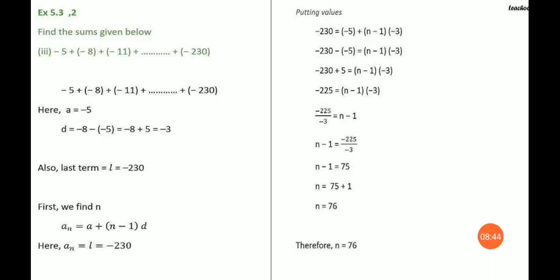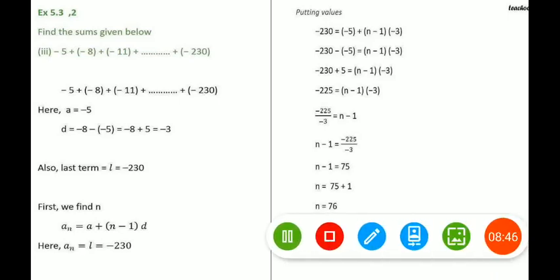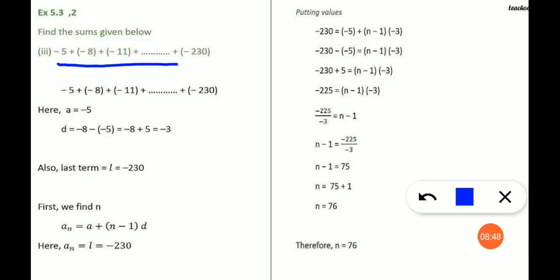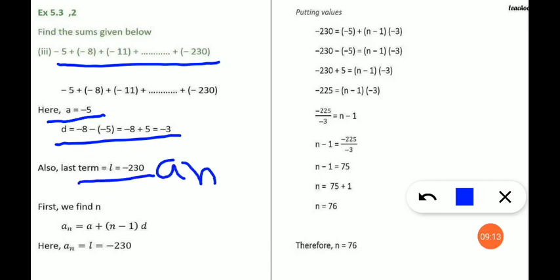Third part. The question says find the sum again, and the AP is minus 5, minus 8, minus 11, up to minus 230. Again n is not known to us, so first of all we'll find out n. Here a is equal to minus 5, d is equal to minus 8 plus 5, that is minus 3, and last term an is equal to minus 230.